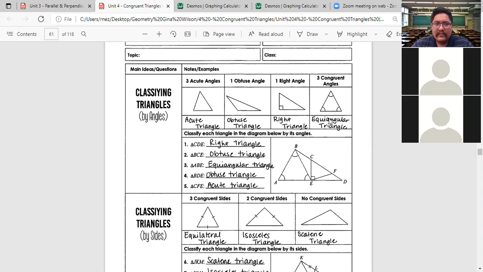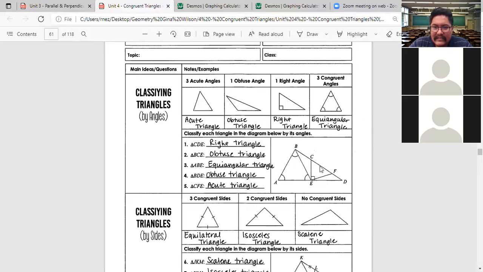Anyway, so let's go ahead and look at this diagram that we have down here. We're going to classify each of the triangles in that diagram. Remember, we name triangles by their endpoints, the segment endpoints. So if I'm talking about any of these, you just have to follow the letters that it names. The symbol for triangle is pretty easy. It's just a triangle. So in this case, problem number 1 is saying triangle CDE.